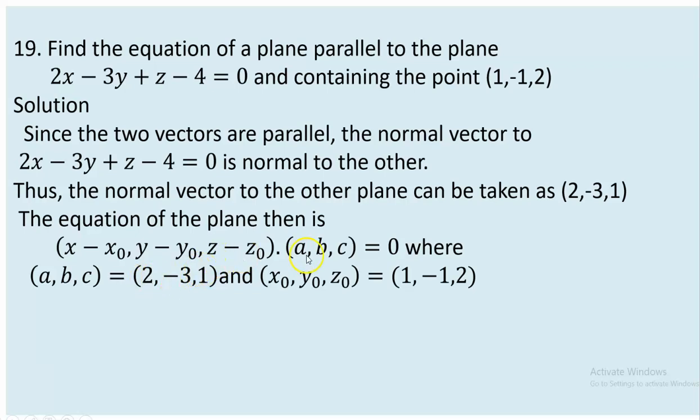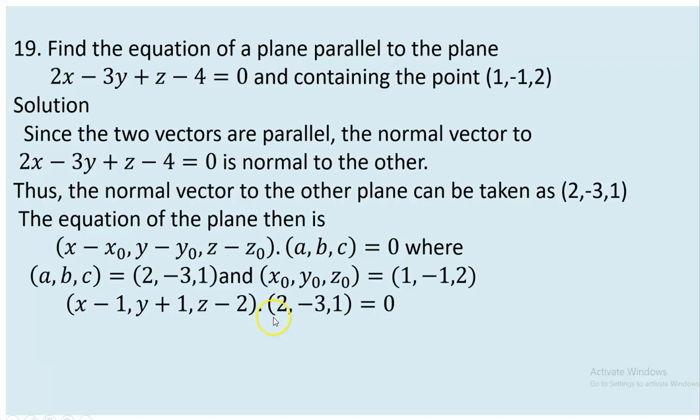So here in place of A have 2, in place of B take -3, and in place of C take 1. And here in place of x naught, y naught, and z naught, please take 1, -1, 2 respectively. So by substituting this, you will come across this kind of equation: (x - 1, y + 1, z - 2) dotted with (2, -3, 1) equals 0.